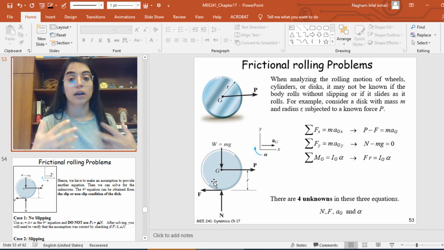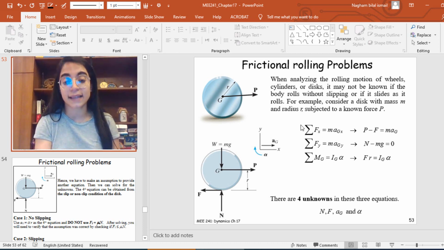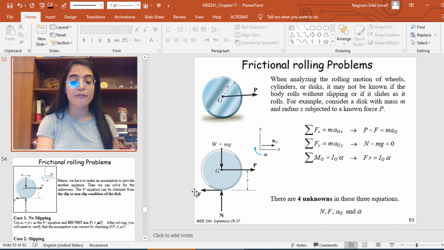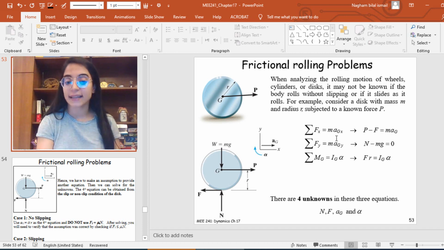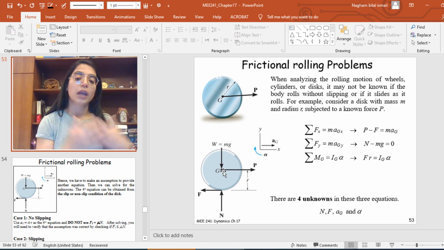Now, what are the forces in x direction? I only have F here, and it's in the negative direction, plus P here, right? Which means P minus F is equal to m a_gx, which is the acceleration of the center of mass in x direction.